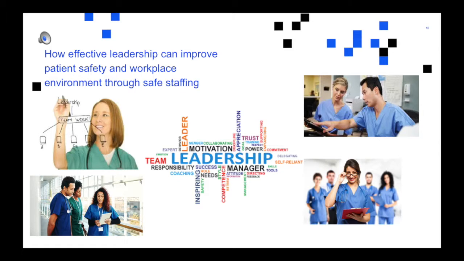Nurse leaders who can support other staff and improve the workplace environment through developing solid working relationships with staff members, acknowledging individual contributions, and creating informal opportunities for staff to come together are crucial to staff well-being at work.